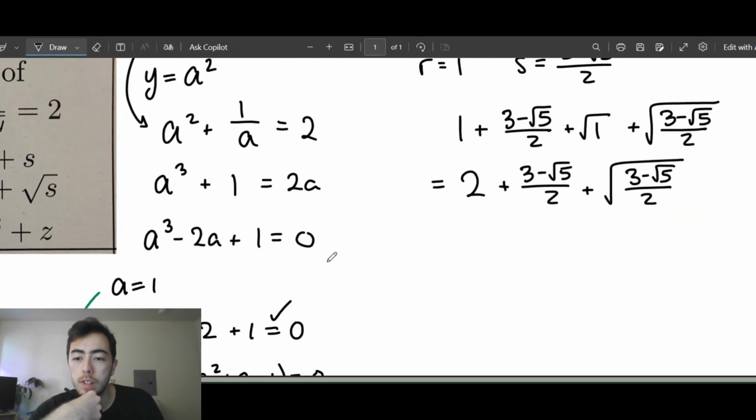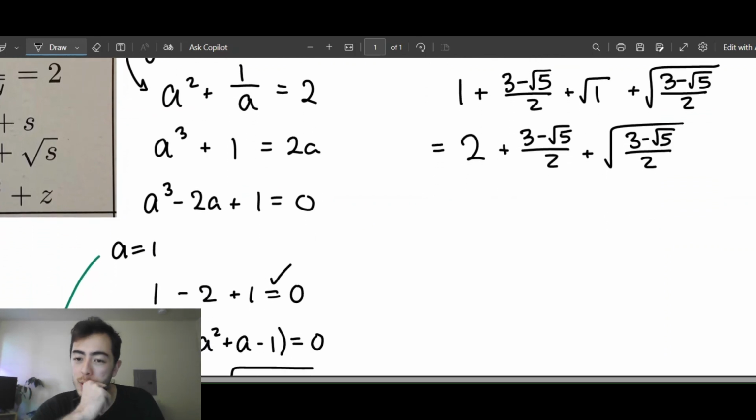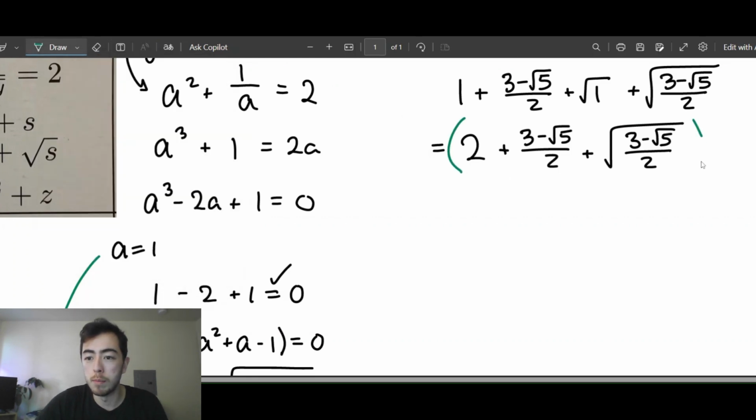And whenever I'm doing these algebra things and trying to simplify fractions and square roots, I'm going to try my best to find a common denominator first and then somehow get rid of my square roots if possible. So I feel like I should just get rid of fractions. I see that multiplying everything by 2 might be nice. So I will maintain the value of my number by multiplying by 2 first and then dividing by 2.